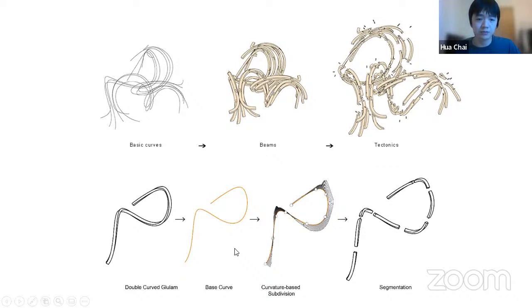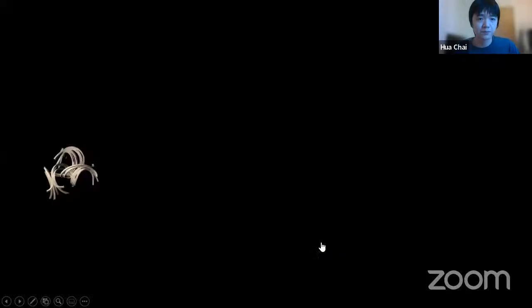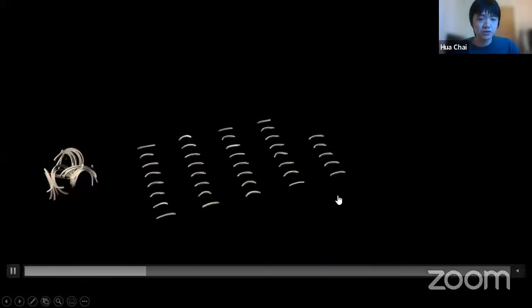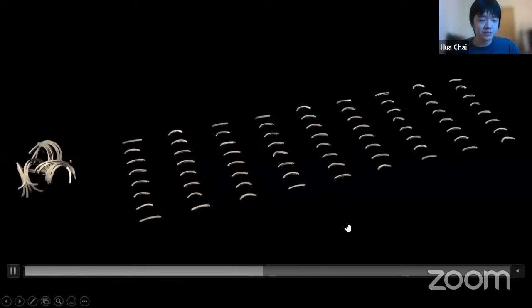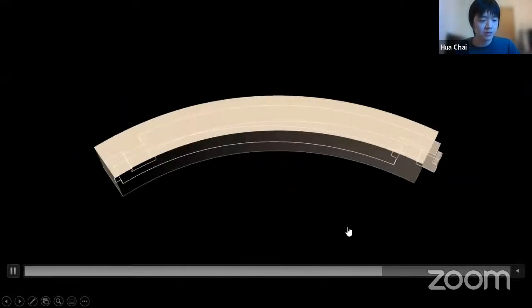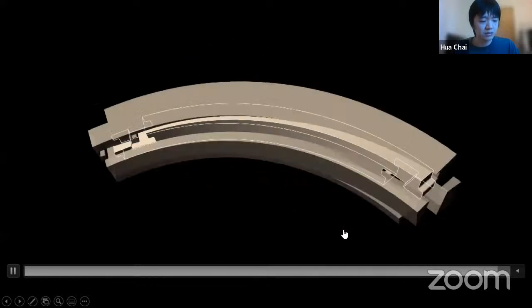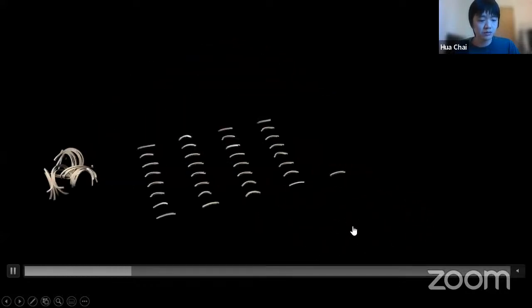In our case, we use the curvature-based subdivision method that was developed to improve the material efficiency while also ensuring the design complies with the tool constraints. Each beam is divided into 8 segments with different lengths, and there are 72 double curved segments in total.